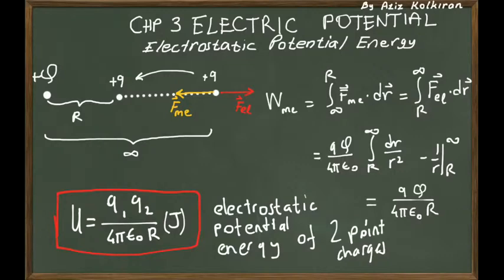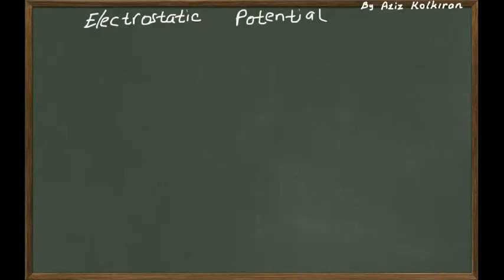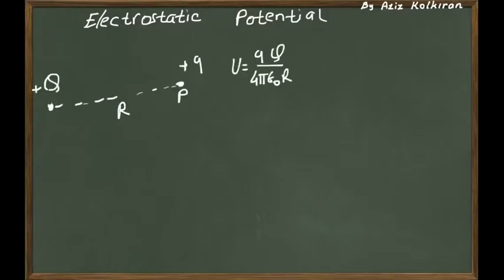So, well, this is potential energy, but what is electrostatic potential? Electrostatic potential is not the same as electrostatic potential energy. It's something else. Now I will make a difference.